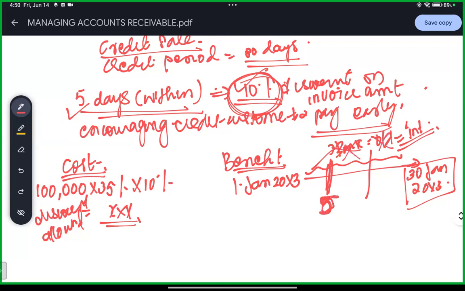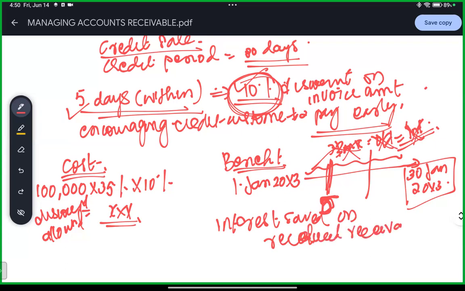You don't have to take an overdraft. You don't have to pay interest. So basically the benefit is the interest that you save on reduced receivable. So basically you are comparing the discount allowed and the interest that you might save on reduced receivable.